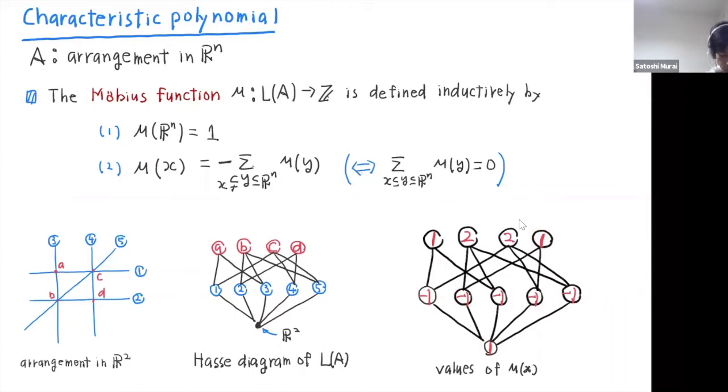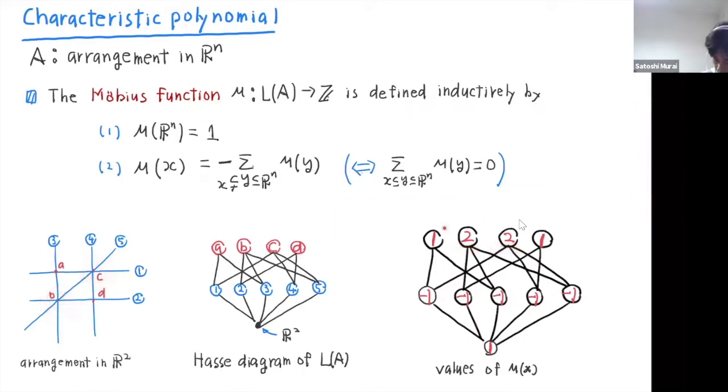Maybe I should point out that in this case, the Möbius function is determined by a somewhat simple rule. The points which have Möbius function 2 are exactly the vertices B and C, which are the intersection of 3 lines.